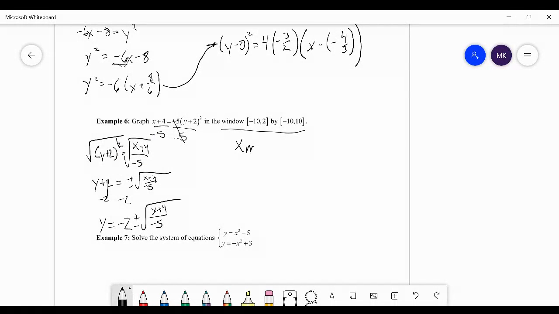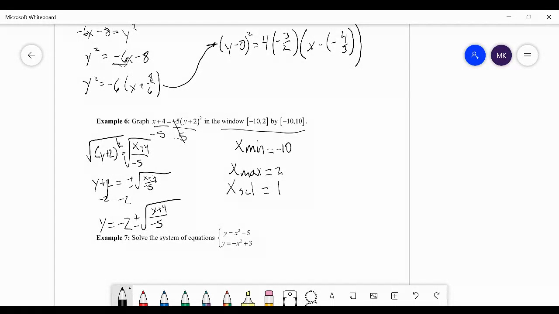For x minimum, you're going to want negative 10. For x max, you're going to put 2. And x SCL is asking the scale, how far apart do you want these tick marks to be? Since this is pretty small, from negative 10 to 2, we just do 1.